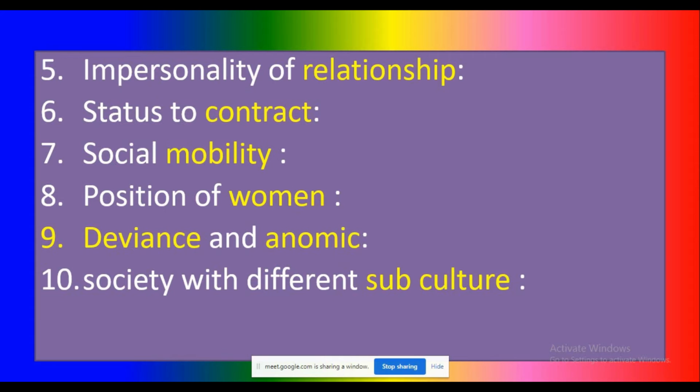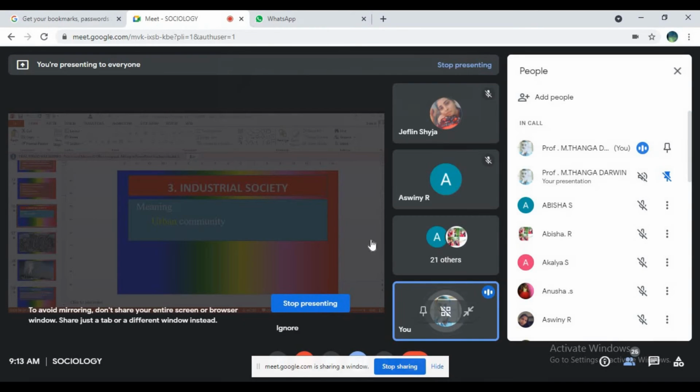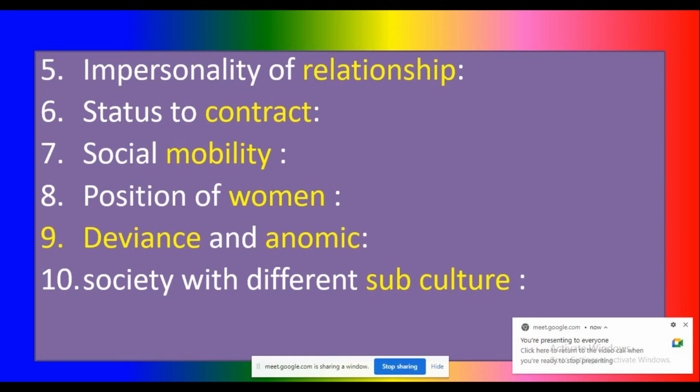Tenth one, different subculture. Anybody having experience in mega cities, Chennai, Mumbai? When you go to a city and just walk in a street, within a street there are multicultural people.